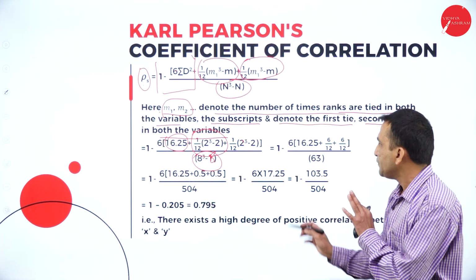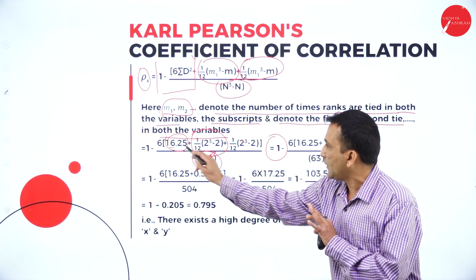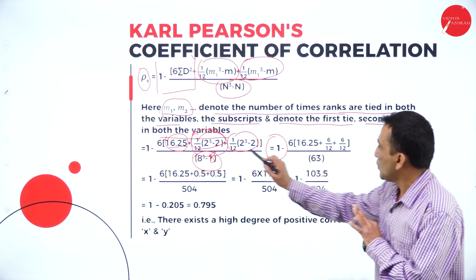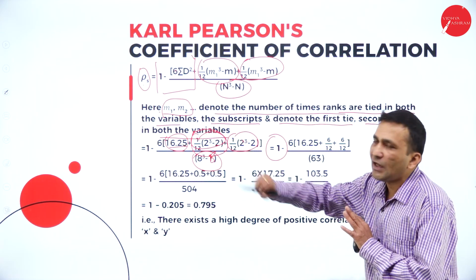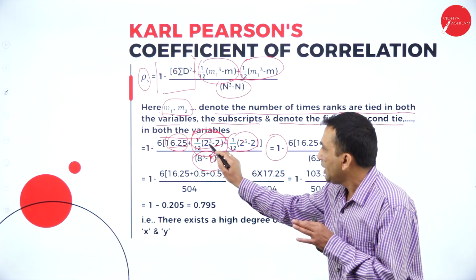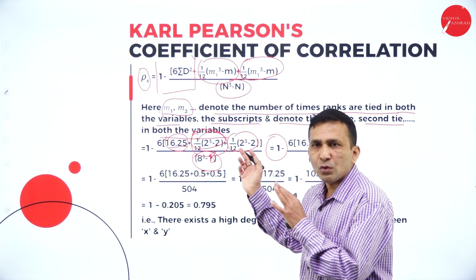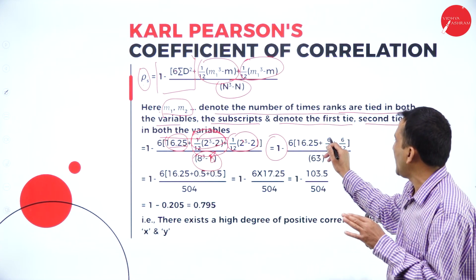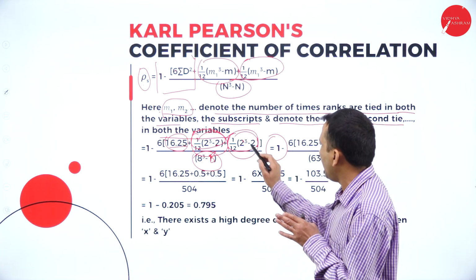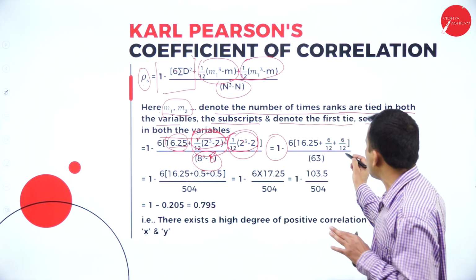Now I want to simplify this first. 2 to the power of 3 means 8, 8 minus 2 is 6, 6 divided by 12. Again, the correction factor for the next repetition is the same: 2 to the power of 3 is 8, 8 minus 2 is 6, 6 divided by 12.